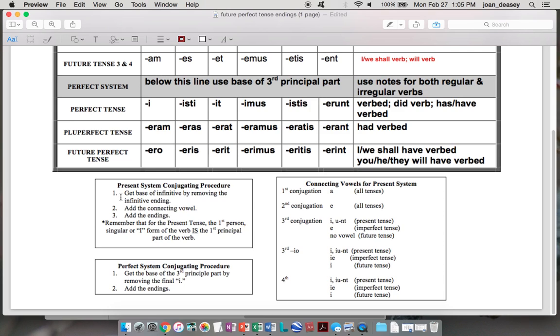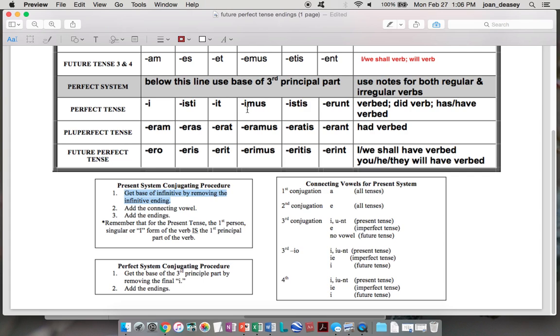Notice that in the present system, the base of the verb is from the second principal part, or the infinitive. That means that when you see emus with we as its subject and it looks to be in the future tense, you need to see that on the base of the second principal part. If it's not on the base of the second principal part, then you may not have the future tense and you may have a different tense.